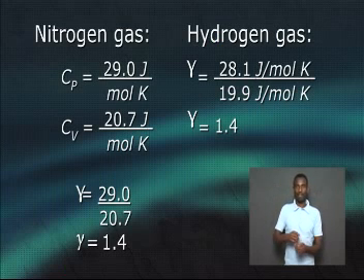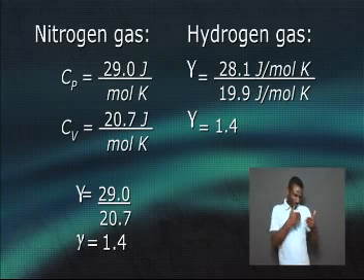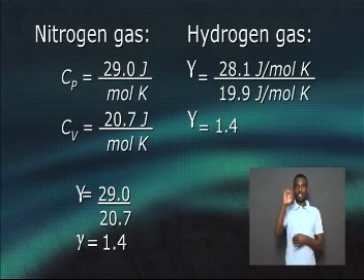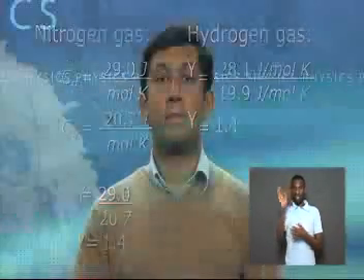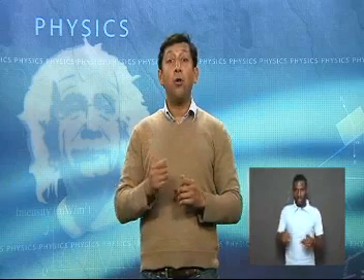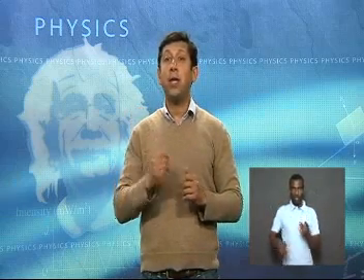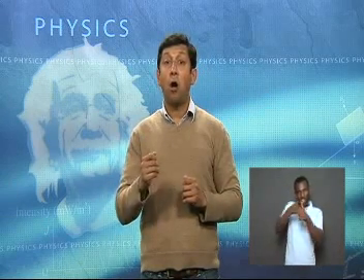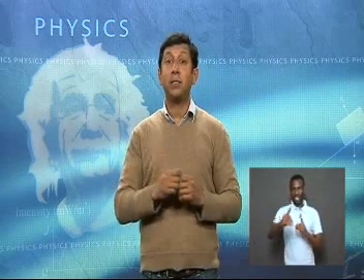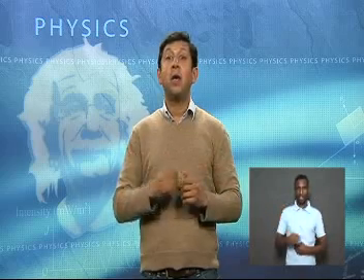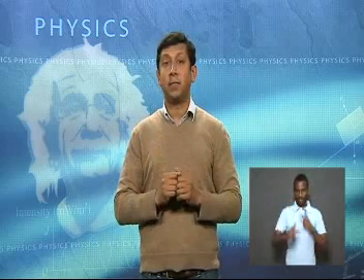Therefore, these two gases are very close to an ideal gas form. This concludes today's lesson. Today, we have learned about the relationship between the first law of thermodynamics and gaseous processes.